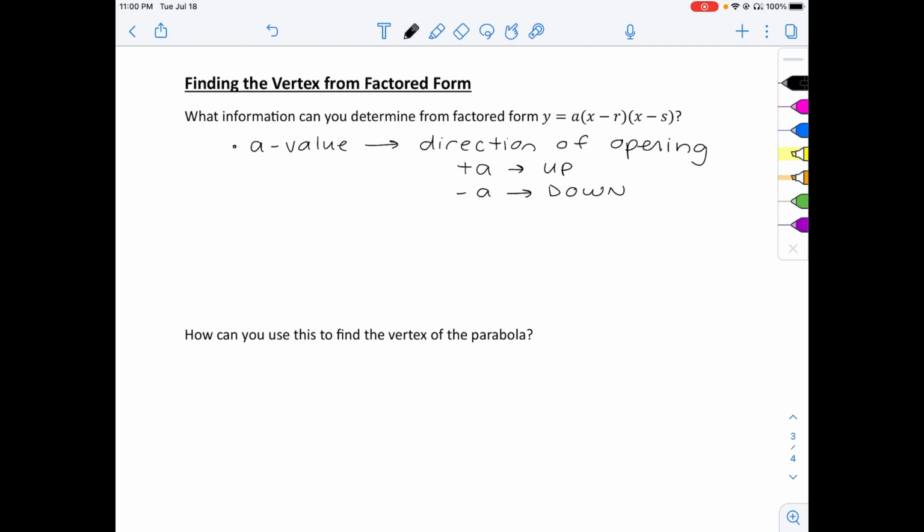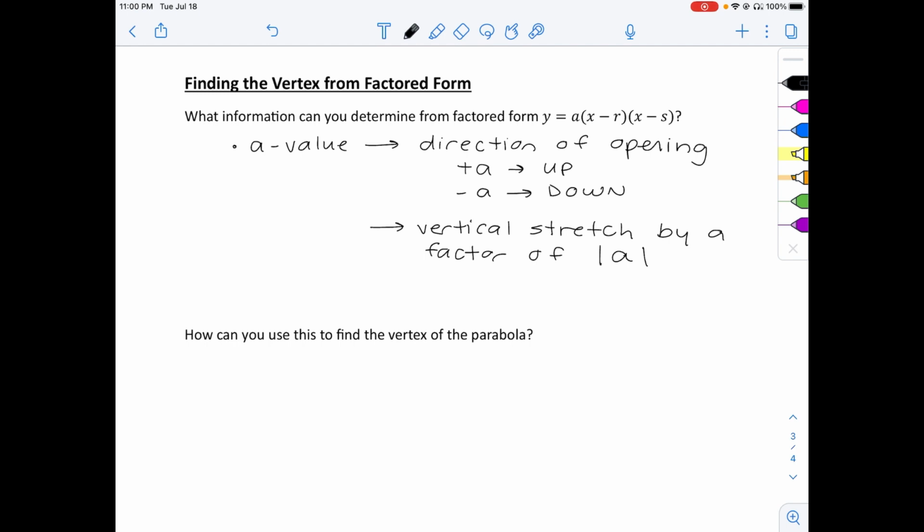The a value also tells me the vertical stretch factor, and it's by a factor of the absolute value of a. Okay, so the positive value of a. So if your a value is like -6, there's a vertical stretch by a factor of 6. We don't need to say by -6.